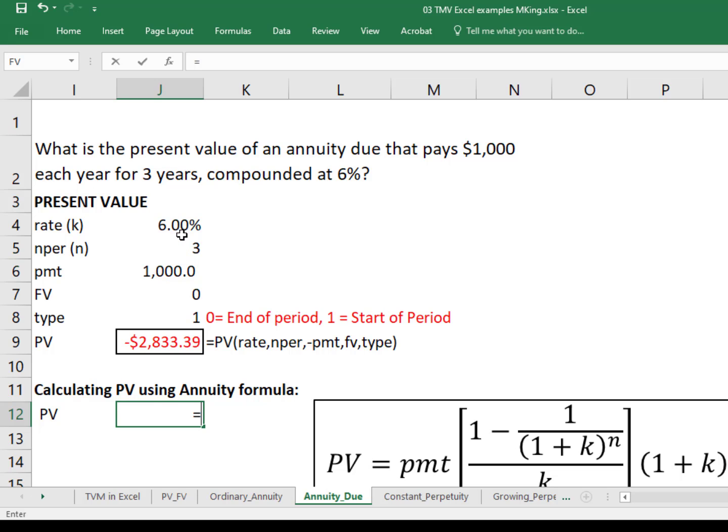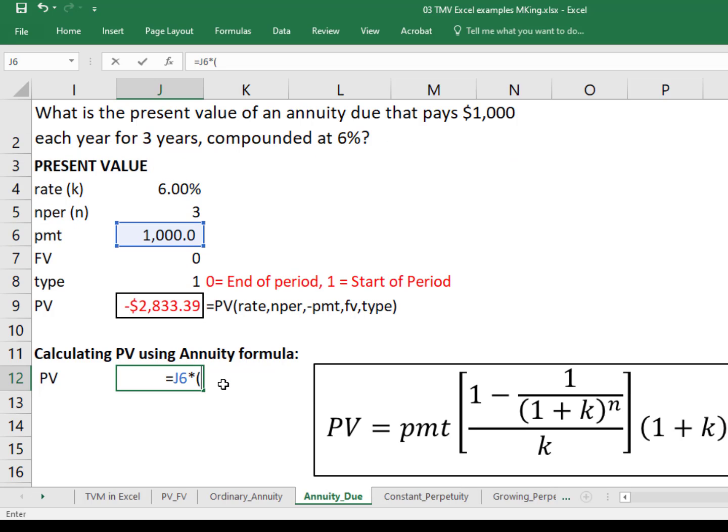Equals, I'm going to try it from left to right. Payment times open bracket. So here I am, 1. Oh, this is going to be on the top, the numerator, so I'm going to actually open another bracket. 1 minus, and now I want to get this present value interest factor right here.